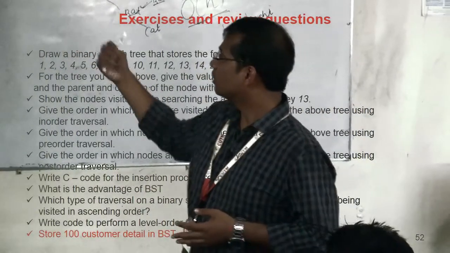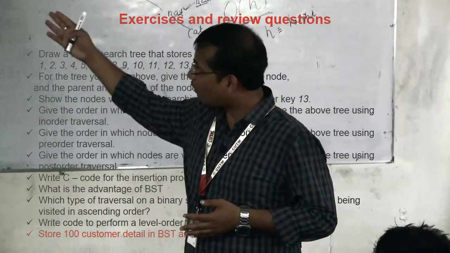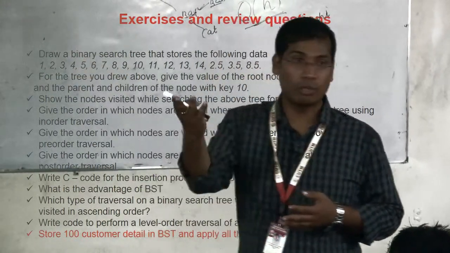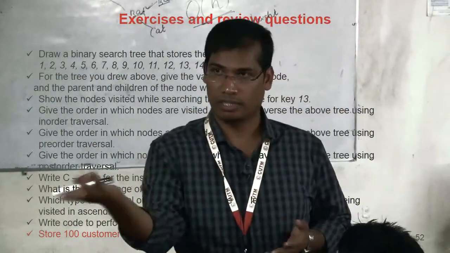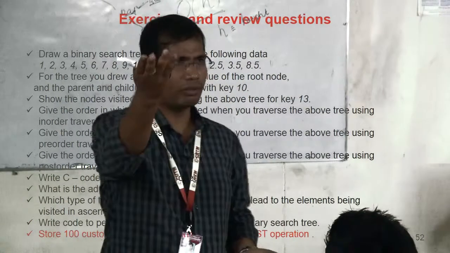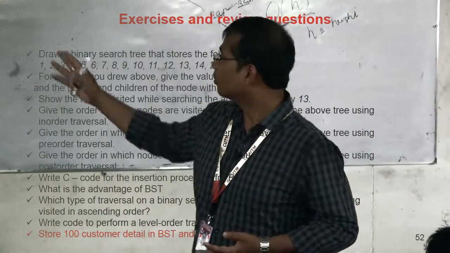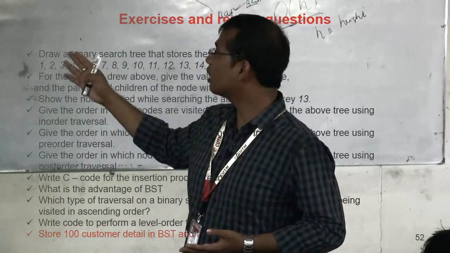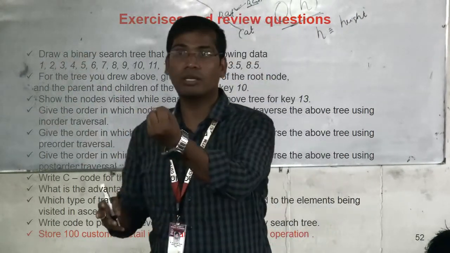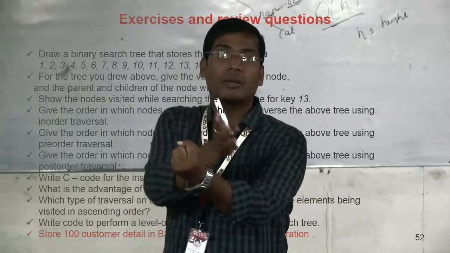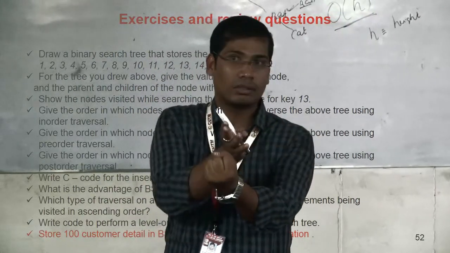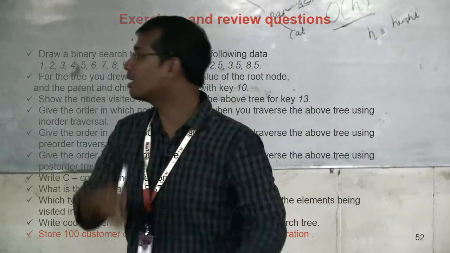Easy. Then after designing that tree, mention the root value. Once you have designed it, you can easily find the root. Third, show the nodes visited while searching the above tree for key 13. If you want to search 13, what are the previous nodes that you have visited? You have to list them.